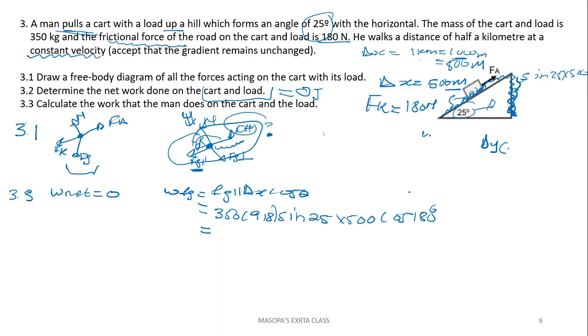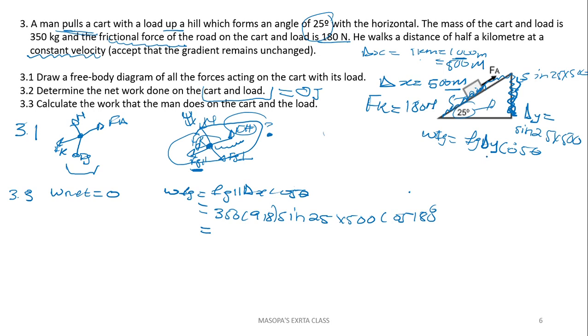Work done by Fg is Fg delta y cos of theta. So delta y is equal to sine of 25 multiplied by 500.